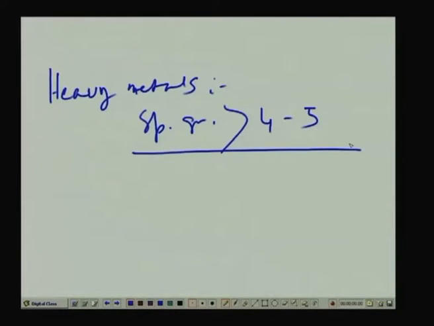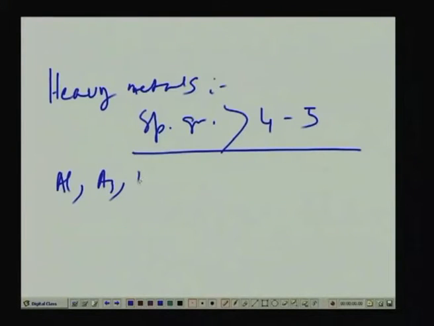There is no essential distinction where one can clearly demarcate one as a heavy metal and another as not, but for our purposes, if the specific gravity of a certain metal is more than 4 or 5, it would generally be termed a heavy metal.